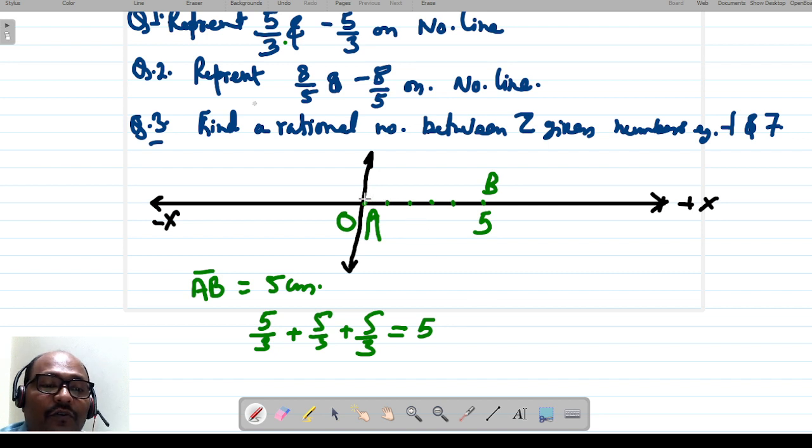If we divide this OB into 3 equal parts, you will take this one, right? That means this point is B and this point is C. From the origin to this point is 5 by 3, and from B to C this will also be equal to 5 by 3.